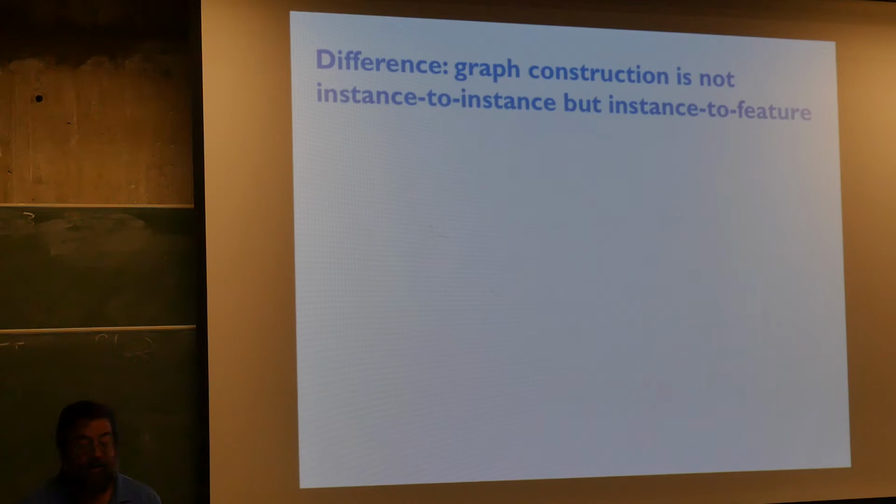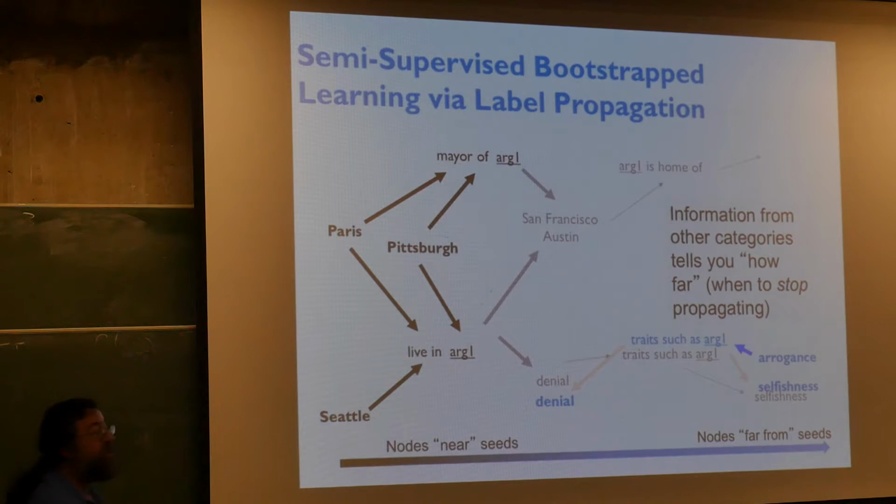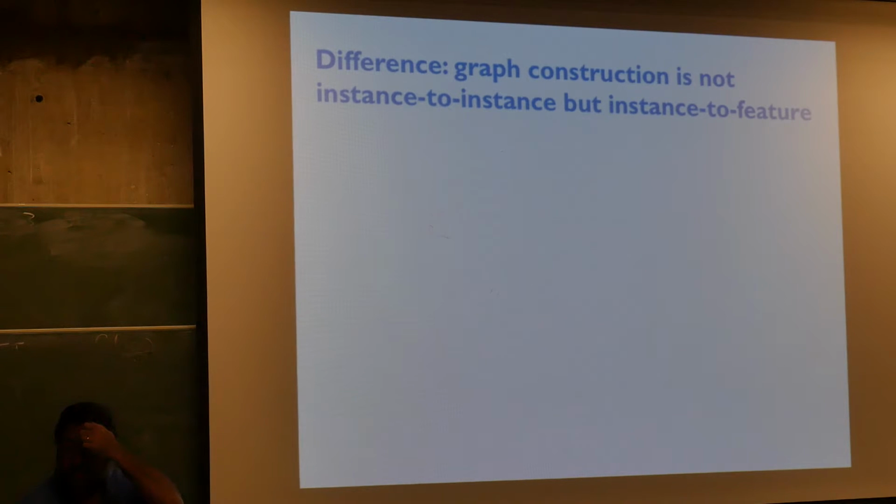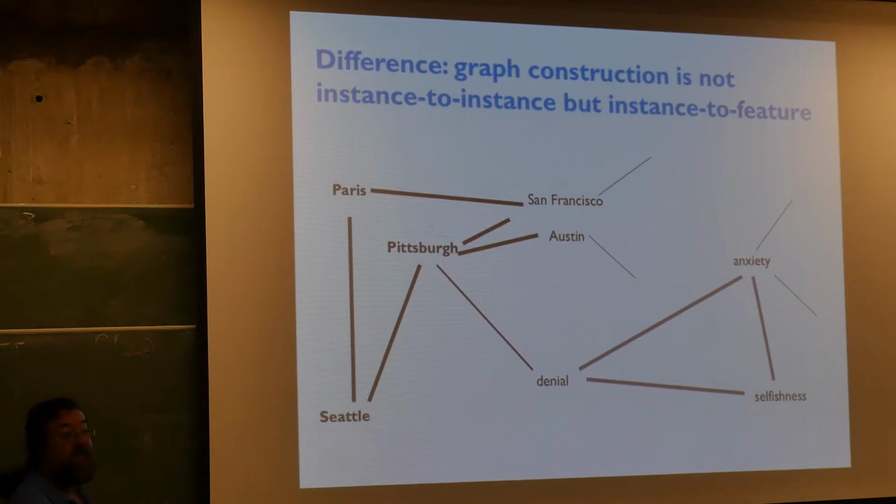The big difference here is the format of the graph. Instead of having entities and nearest neighbors between the entities, we've got entities and features of the entities. That actually is sort of a substantive difference. Practically, here's my take on it. If you're careful in choosing your distance metric and the parameters of your nearest neighbor graph, you can usually do better than you can with this sort of instance-feature graph.